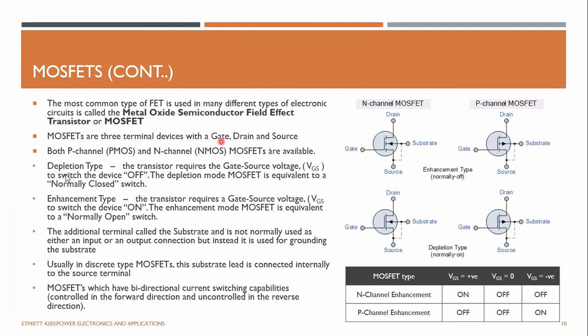Okay, so you might get an idea about the construction of MOSFETs. Remember this: MOSFETs have this kind of body diode. This is not something someone has put in there. The body diode comes naturally because of the construction of the MOSFET.